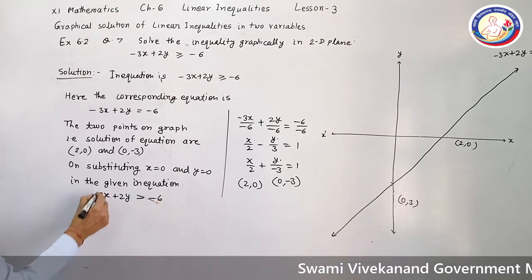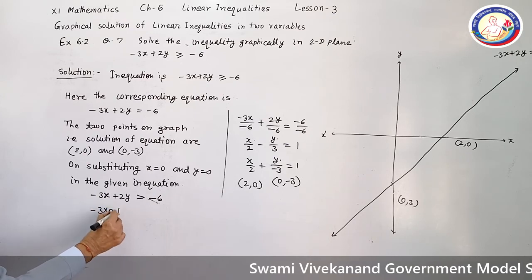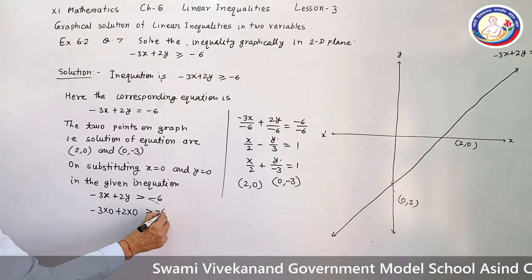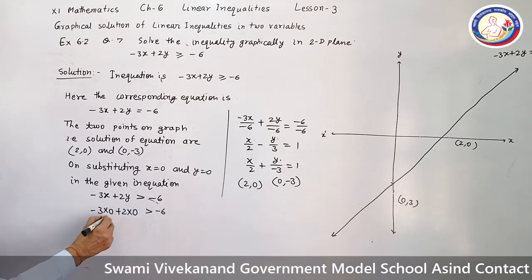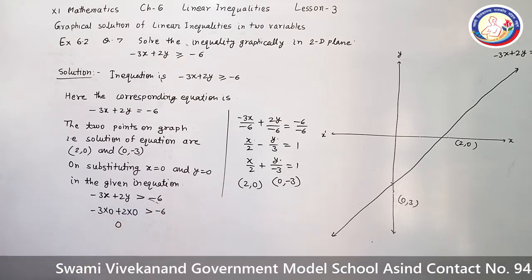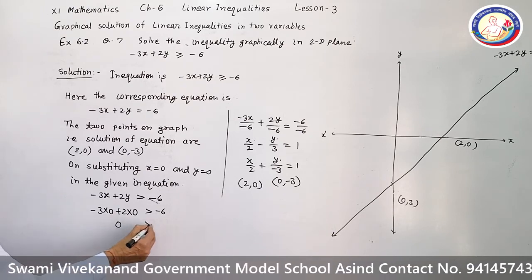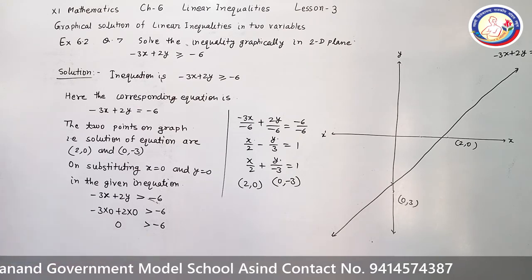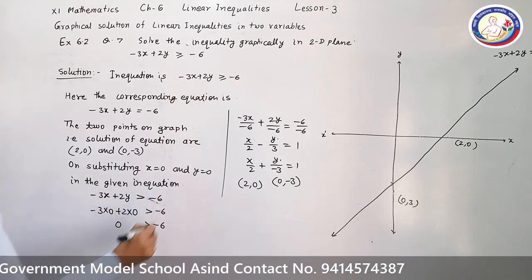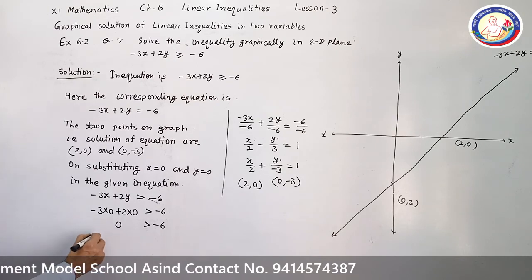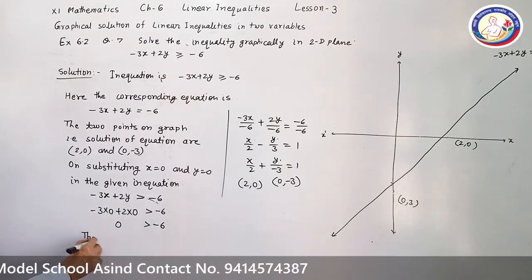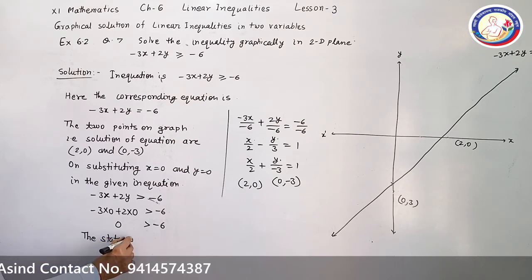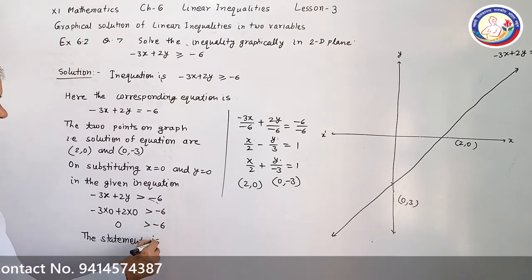Minus 3 into 0 plus 2 into 0 is greater than minus 6. This is 0 is greater than minus 6. Is it correct? Yes, it's true.